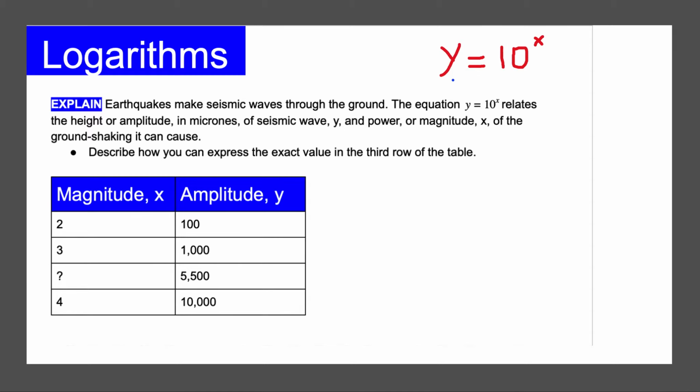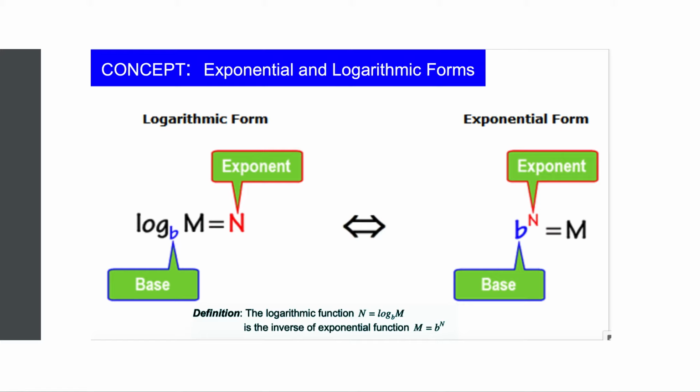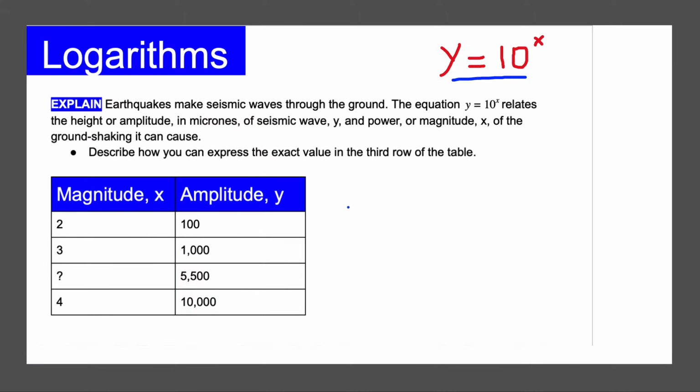First of all, let's convert this exponential equation into the logarithmic form. So already we see how the conversion from exponential form to logarithmic form works. The base here becomes the base of the log. So what does it mean? It means we can write log, and the base is 10 from the exponential form.